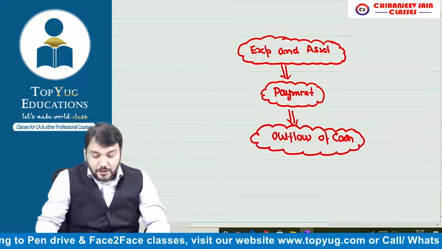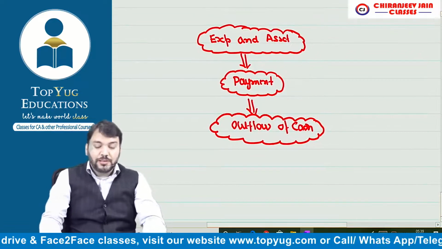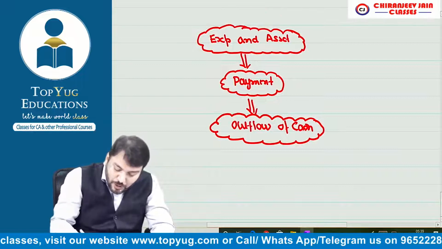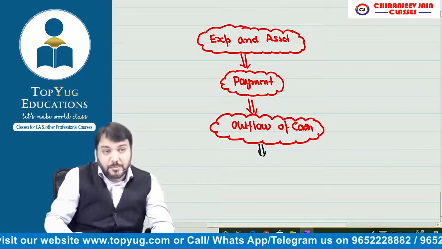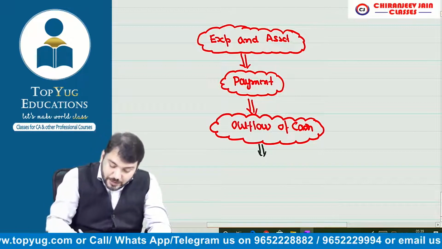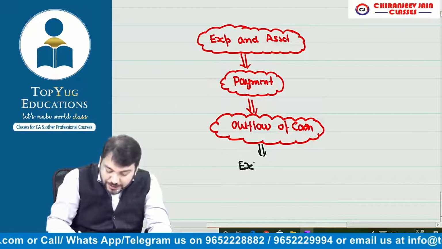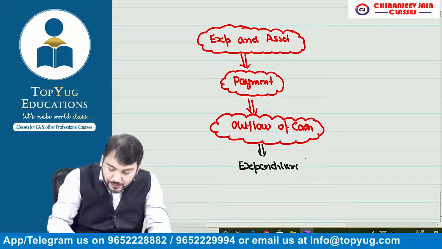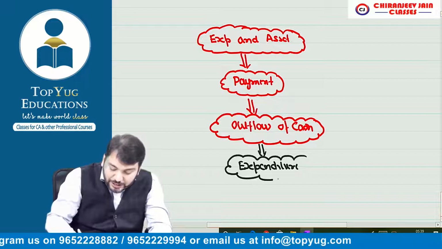Outflow of cash. This point you understood? And both outflow of cash, जब भी outflow of cash होता है for expense and asset, we call that expenditure.